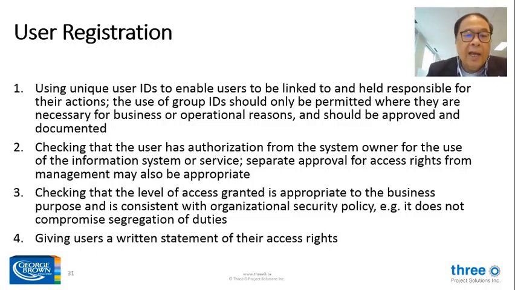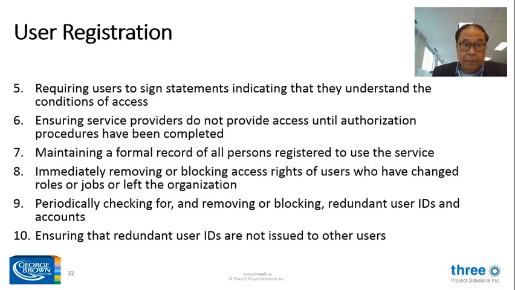So if I have access to personally identifiable information and/or personal health information, then I have to sign a written agreement that I will not disclose this information to anyone that doesn't have the right to know, not my family member, and not anyone, even my supervisor, if that person doesn't have the authorization to learn of that information. And also you want to spell out under what circumstances that information can be shared. So the idea is to be clear to the users what they are obtaining that authorization for and what the responsibilities are. Okay?